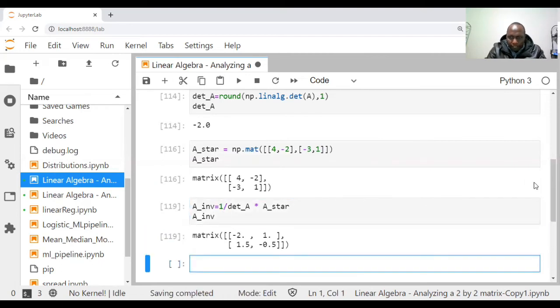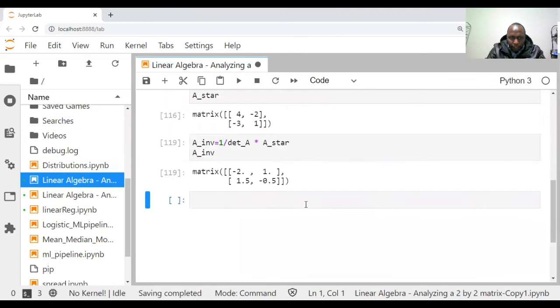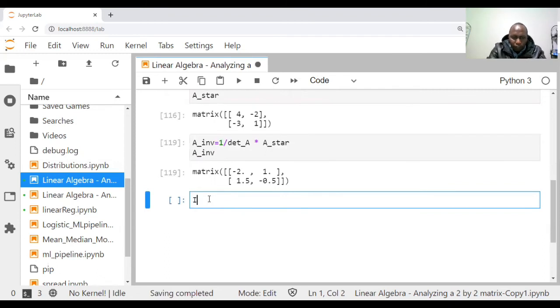The next thing you do after that is to find the check. Let's check that we have the correct inverse. So if we multiply matrix A by its inverse, A underscore inverse, what should we get? Well, what should our result be?